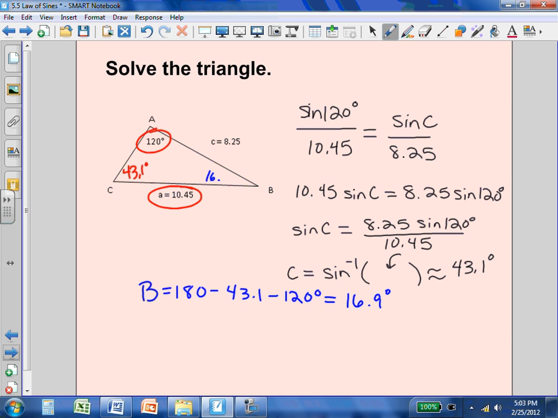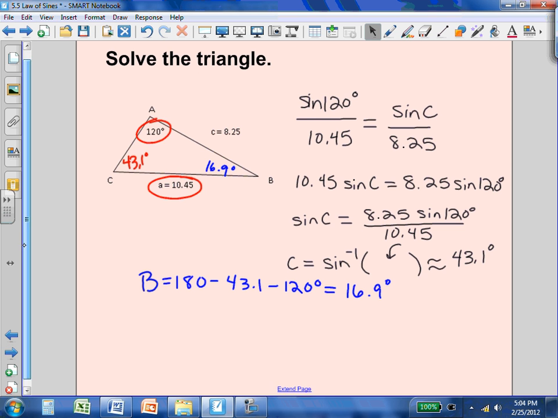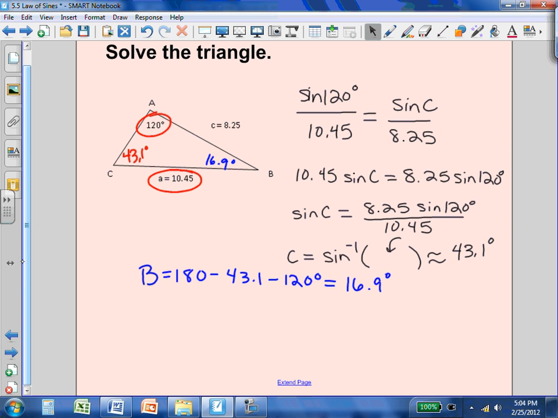Okay, so the only thing that we have left to figure out is what is side length b? Well, we can use our law of sines again. I'm going to avoid using angle C because I rounded that in my calculator to the nearest tenth. Anytime you can avoid using rounded answers, do it.